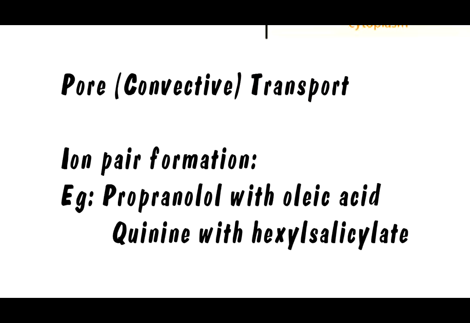When the highly ionized, charged drug ions are complexed with an oppositely charged ion, they become neutral. That neutral complex can be easily transported into the cell. In that way, propranolol is complexed with oleic acid, and quinine is bound to hexyl salicylate.